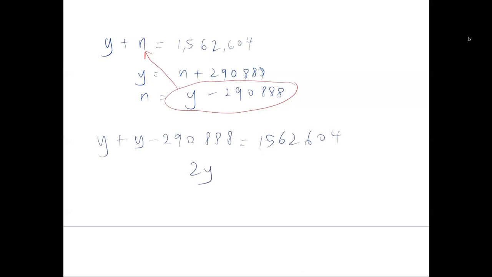Collect the Y's together, I get 2Y, and then I'm going to add 290,888 to both sides.